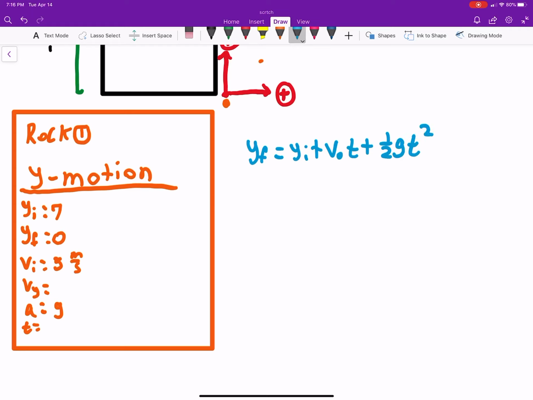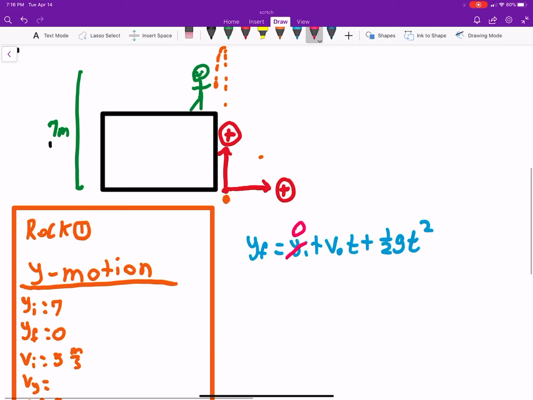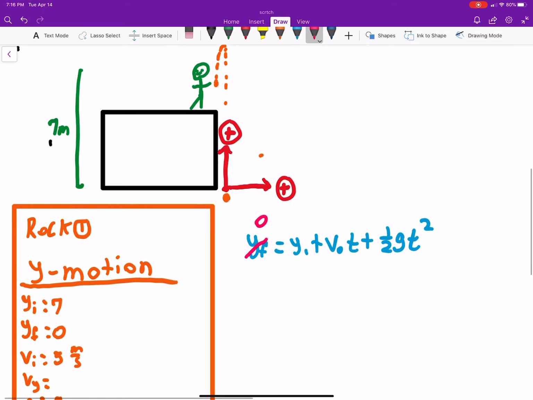Well, there's no initial position. That's starting at our origin, right? Oh, I'm sorry. Our final position is going to be 0, because that's where we're hitting the ground.